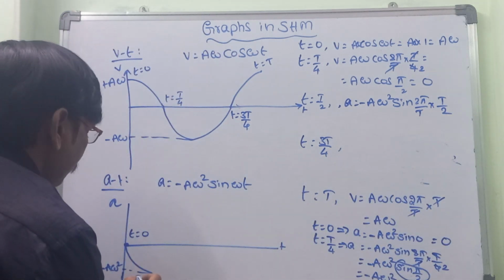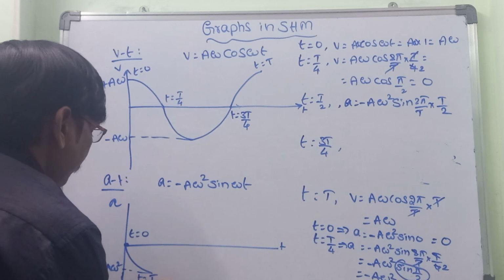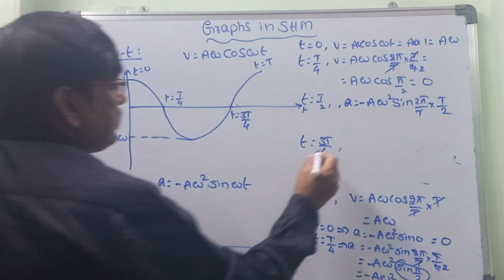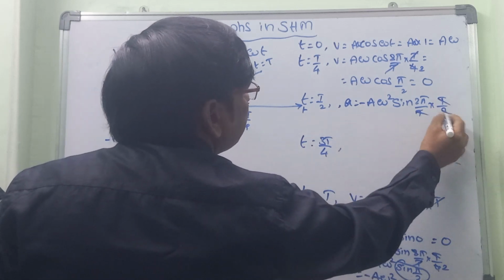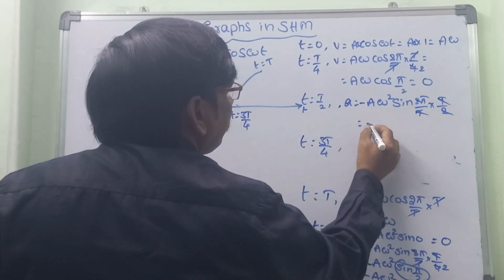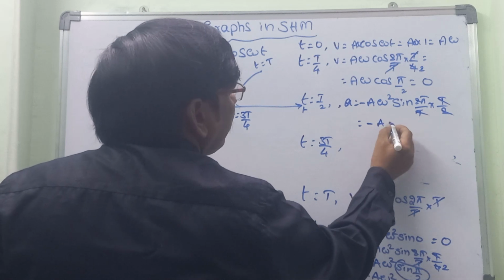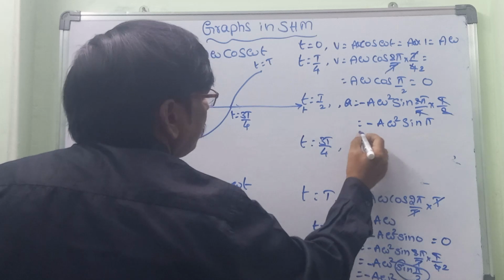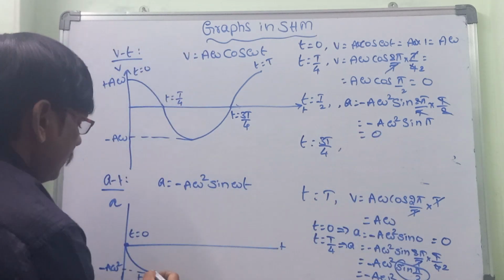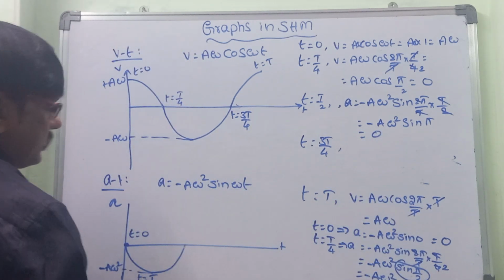Then T gets cancelled, and that is equal to minus a omega square sin pi. Sin pi is equal to 0. So this becomes 0, and the particle will start traveling towards this side.